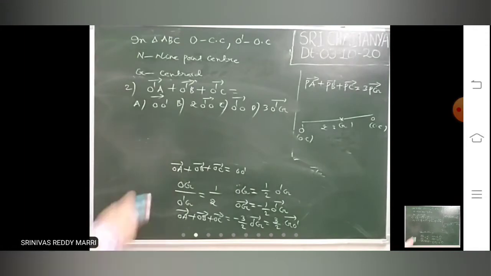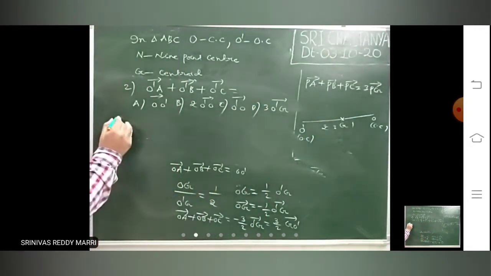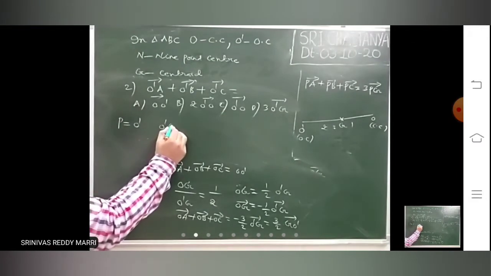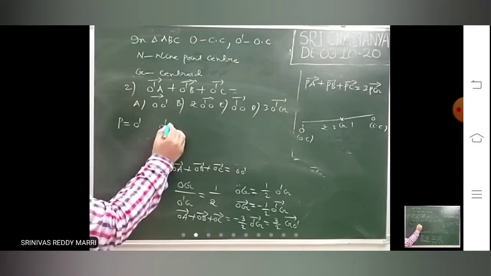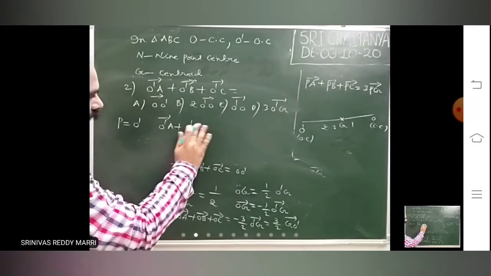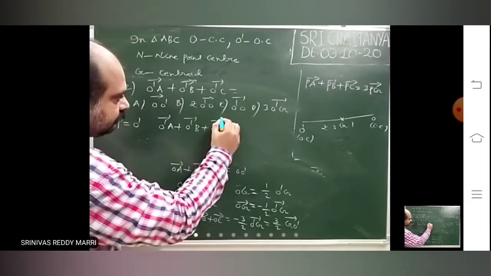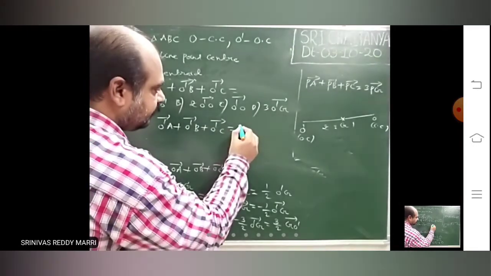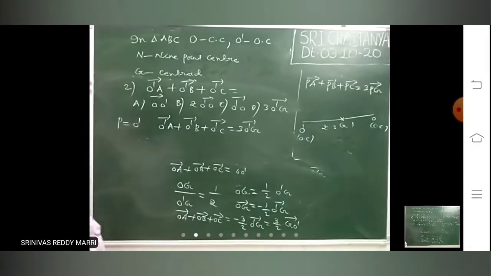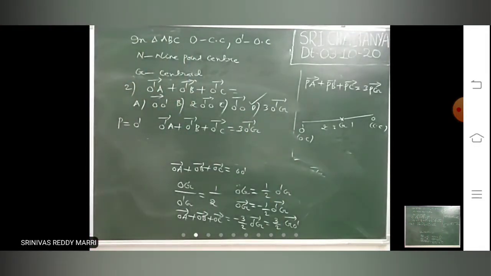Look at, simply here A, B, C is there in this relation. P equal to O dash. O dash is orthocenter. So O dash A bar plus O dash B bar plus O dash C bar is nothing but 3 O dash G bar. 3 O dash G bar, that is also correct.